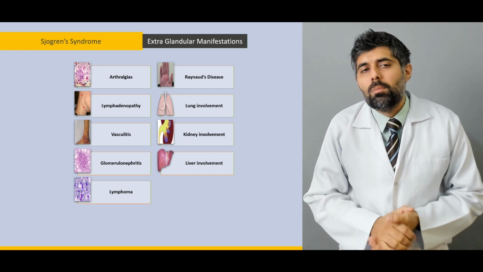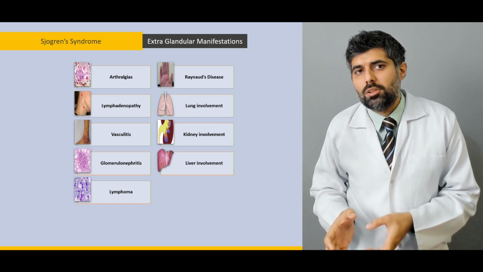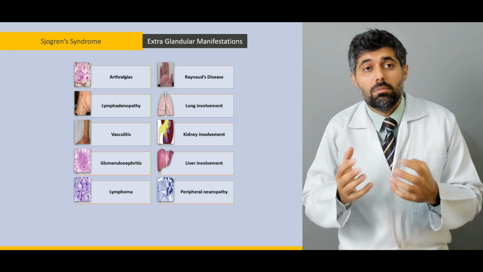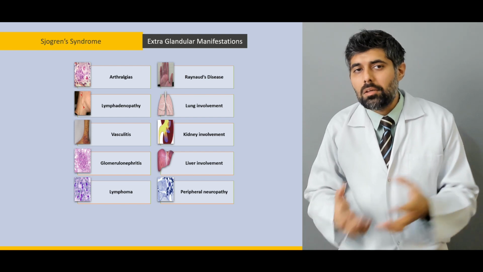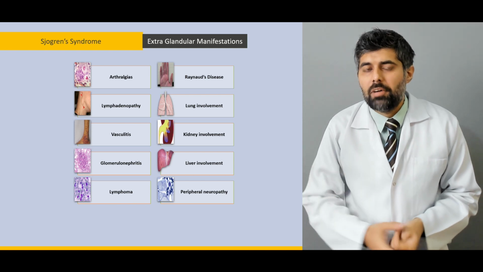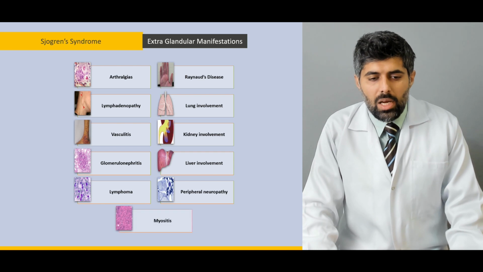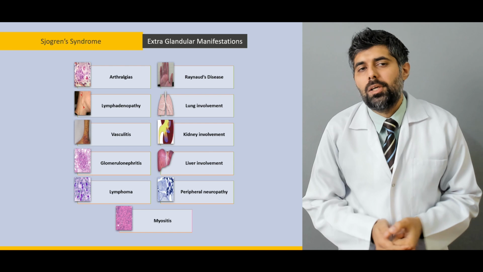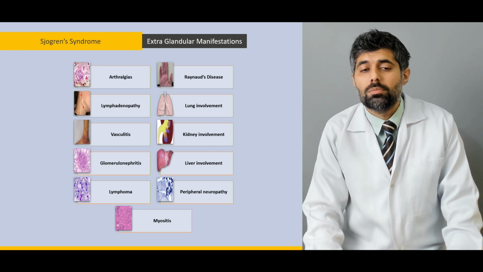And lymphoma formation is one of the more severe complications of Sjogren's syndrome. Next, we have peripheral neuropathy. Peripheral neuropathy again can occur due to some antibodies attacking the free nerve endings, resulting in neuropathic pain. And last but not the least, some patients even exhibit myositis or the inflammation of the muscular tissue.